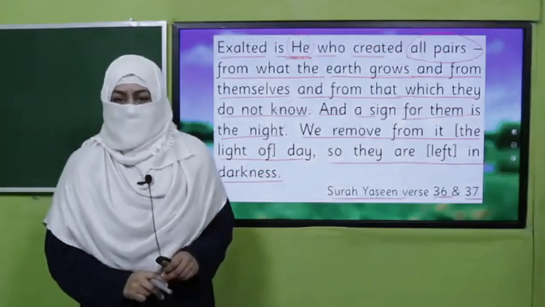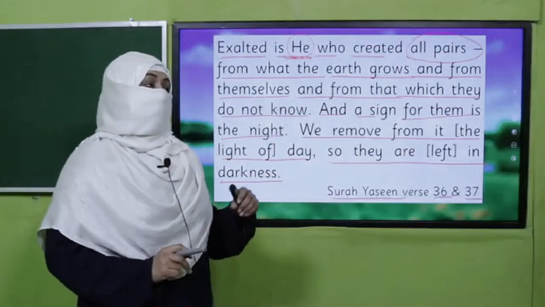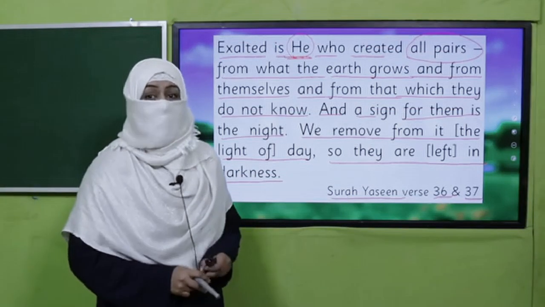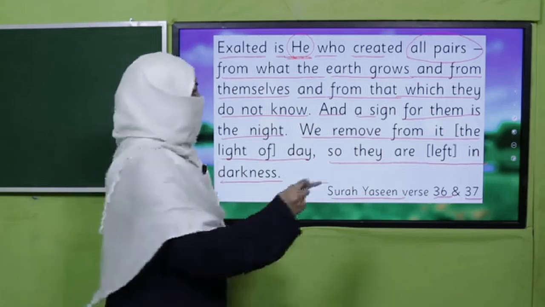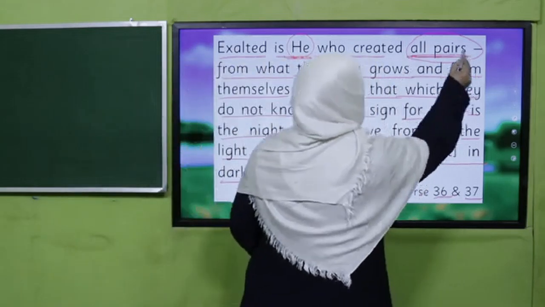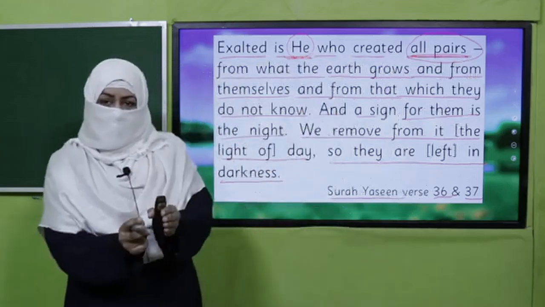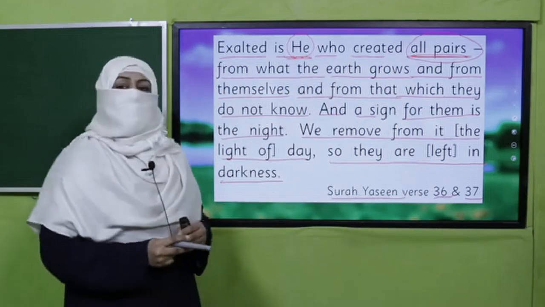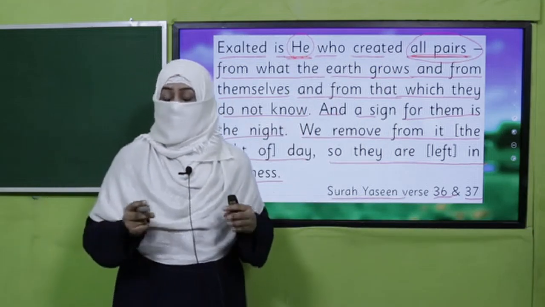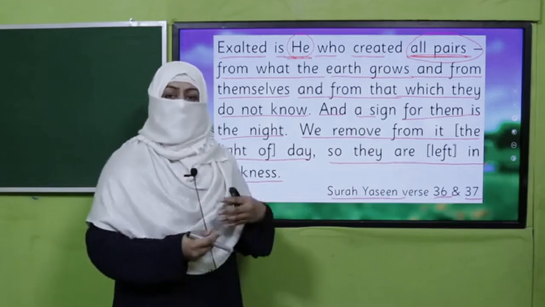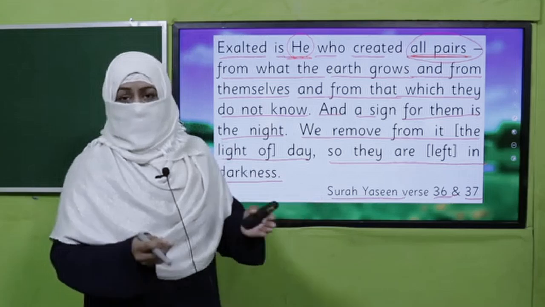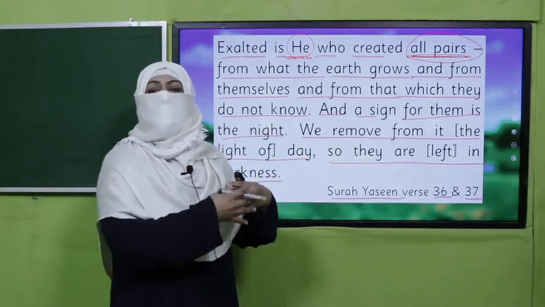Yes, my dear students, if we think about this verse, Allah subhanahu wa ta'ala is teaching us gender of nouns. You know how? All the pairs. And what does pair mean over here? Masculine and feminine, because for many creatures, they spread, they give birth to children. There is a mama, a baba, and this is how they grow.